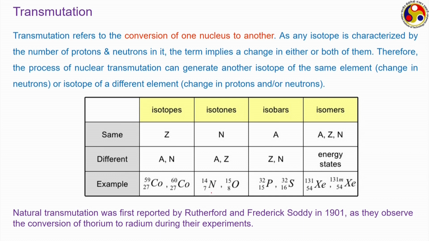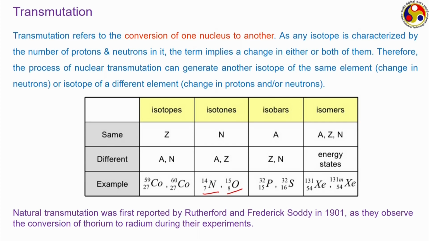The natural nitrogen isotope has 7 protons and 7 neutrons, giving a mass number of 14, whereas this particular isotope of oxygen has, as usual, 8 protons, but it has 7 neutrons and thereby a mass number of 15. So both these isotopes of nitrogen and oxygen have different mass number and different atomic number, but their number of neutrons is the same, and they are called isotones.